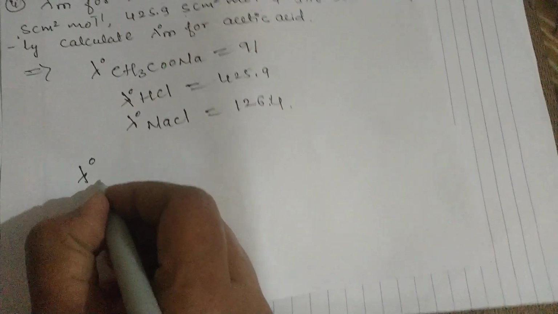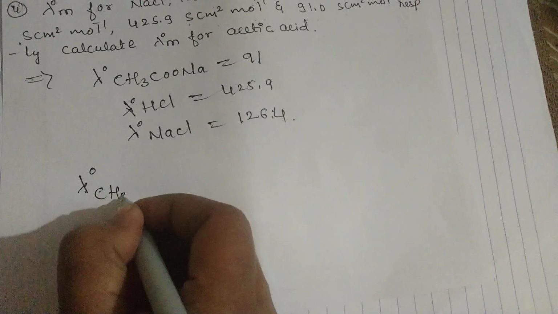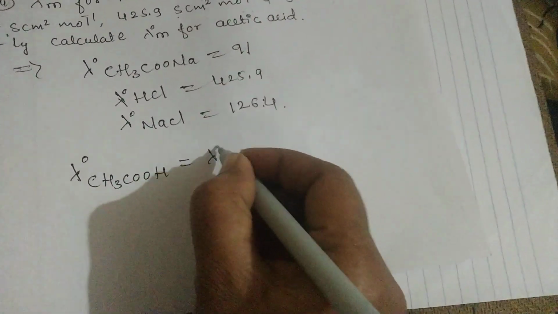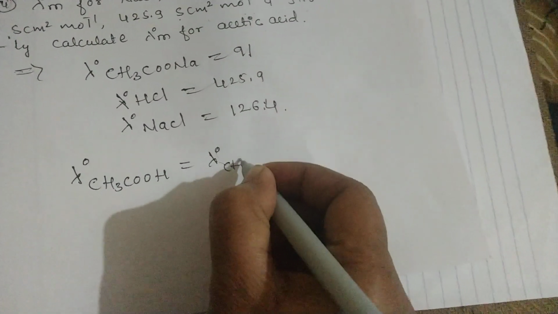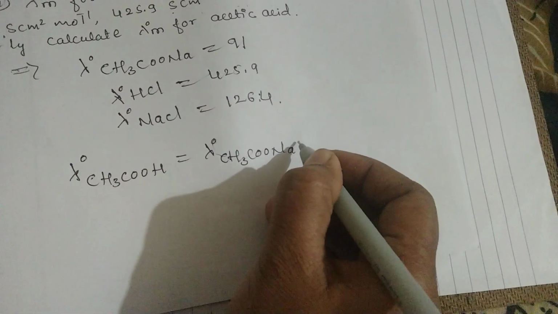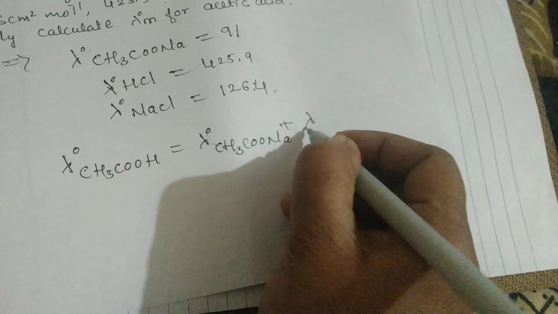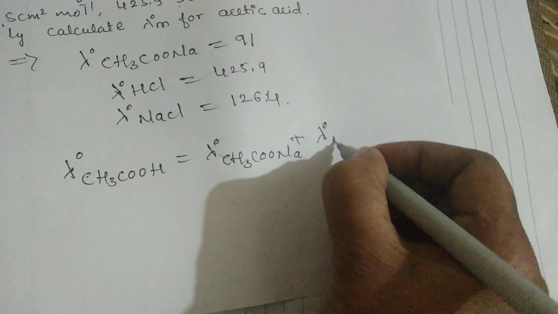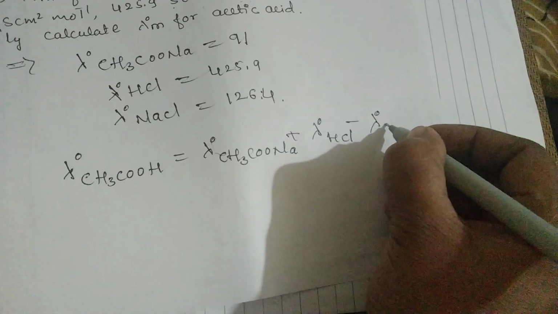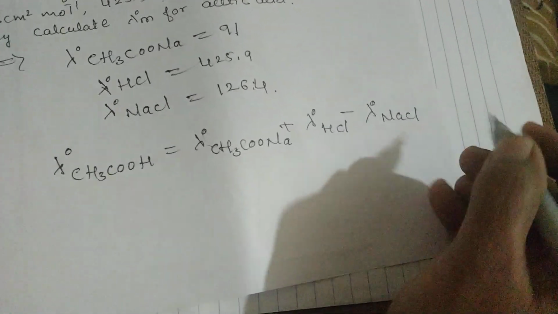lambda naught for acetic acid is equal to lambda naught for sodium acetate plus lambda naught for HCl minus lambda naught for NaCl.